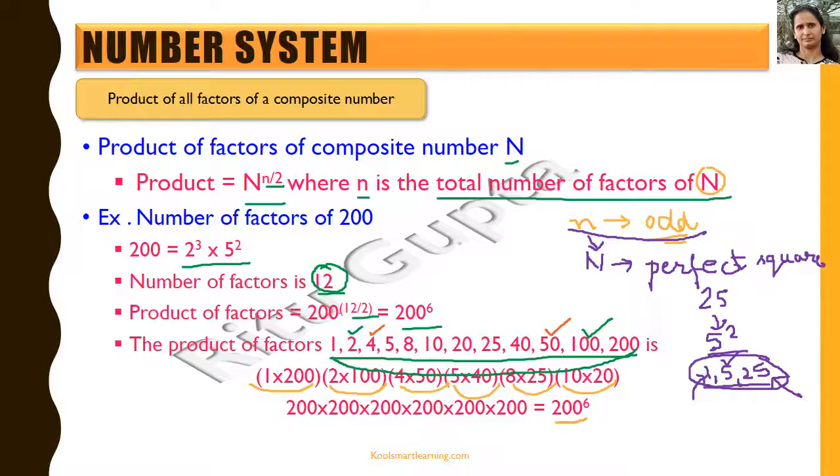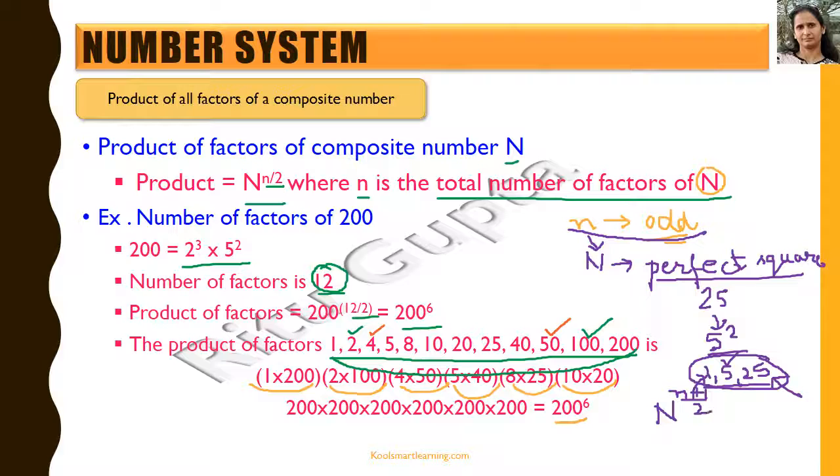So now in these cases, these are the only exceptions where n will be odd. So in these cases, the product would be given by, we'll say, capital N raised to power n, which was odd in this case, plus 1 divided by 2.